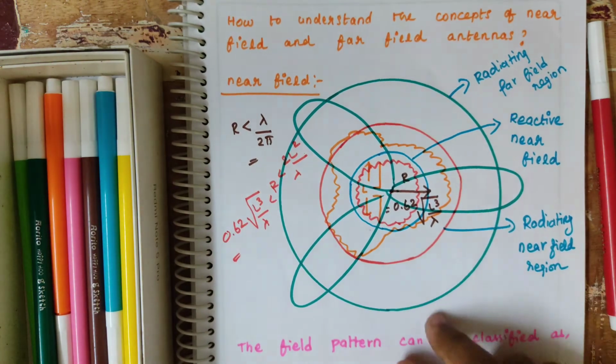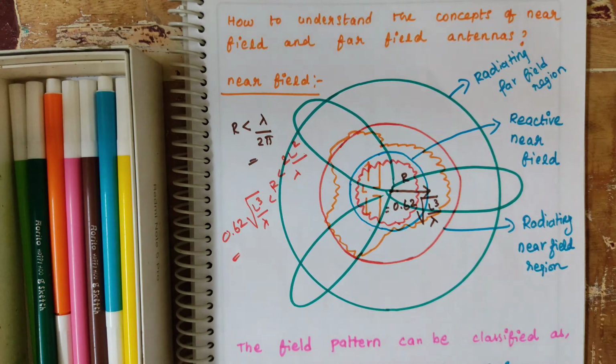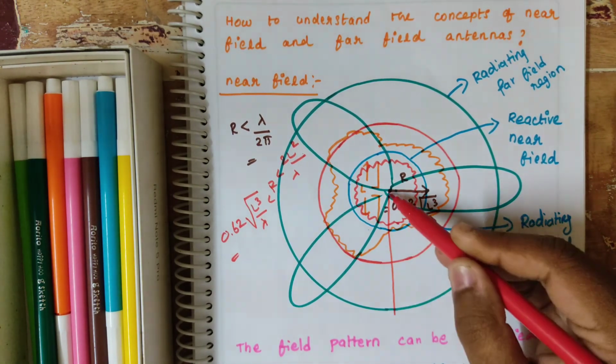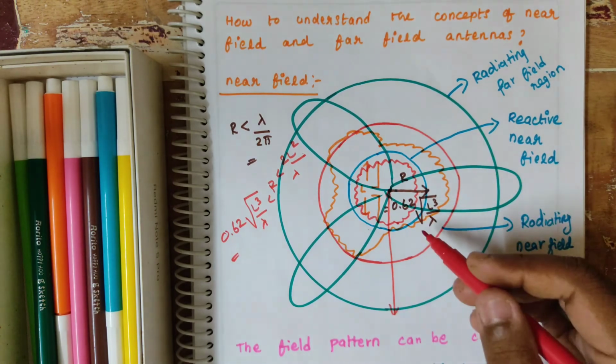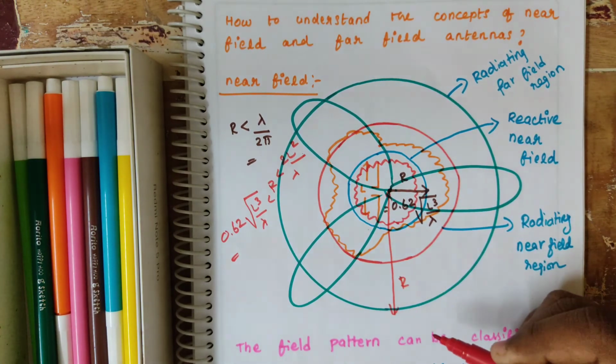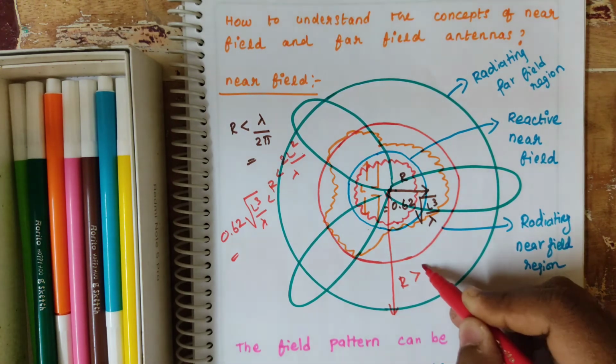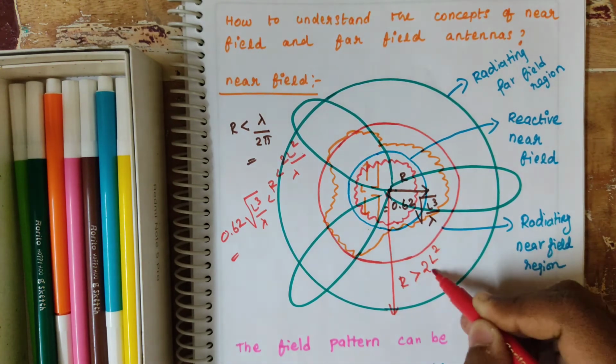This is an example. For this region, the distance from the center of the antenna, R, where R is the radius, is given as R greater than 2L squared divided by lambda.